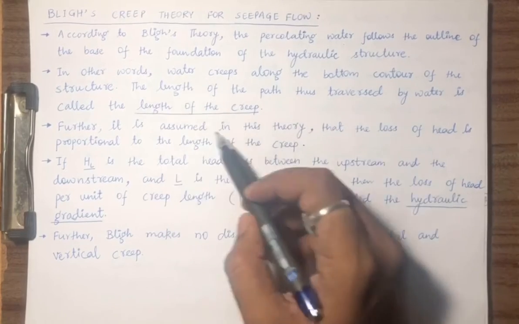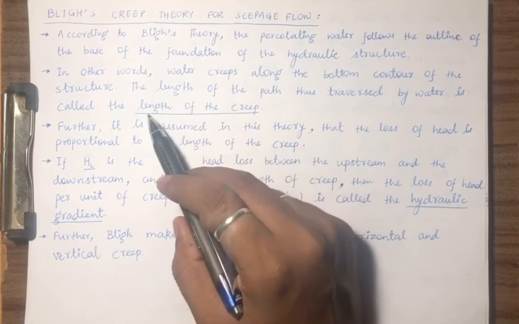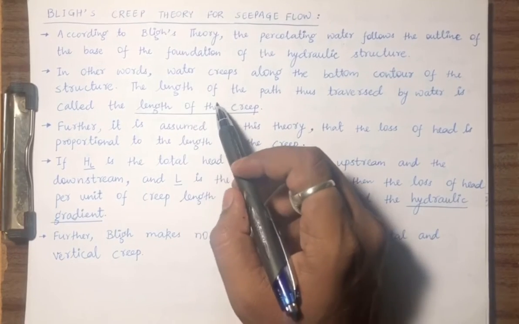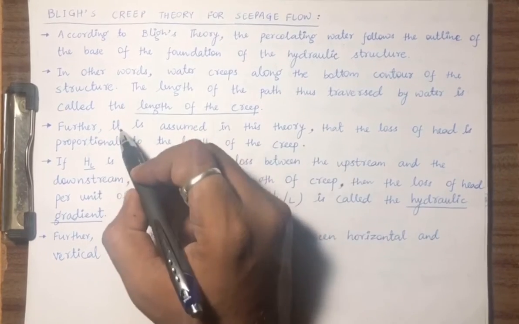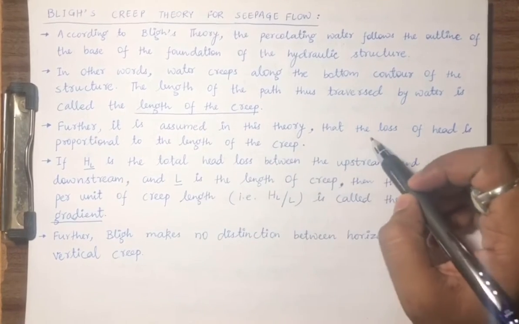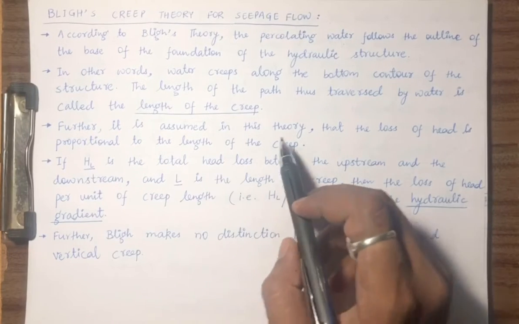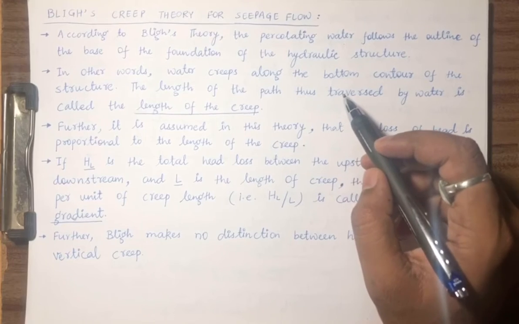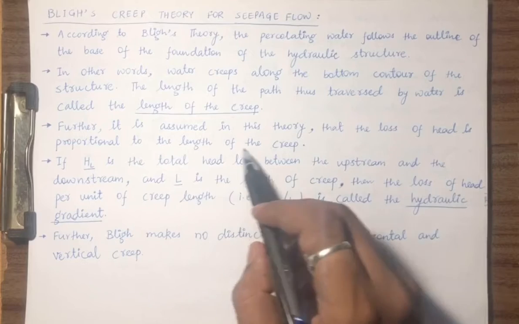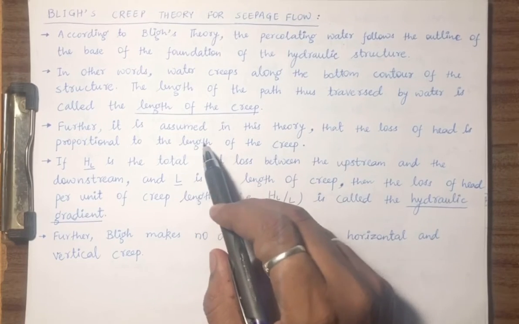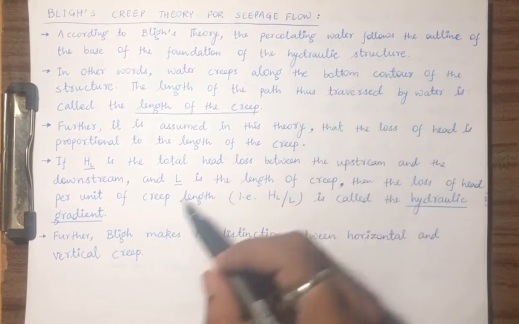Further, it is assumed in this theory that the loss of head is proportional to the length of the creep. So the length of the creep has become the central idea of this theory.